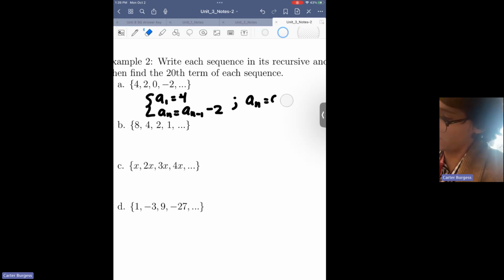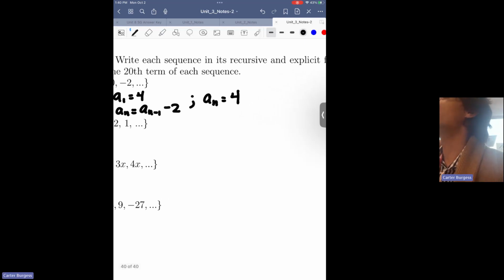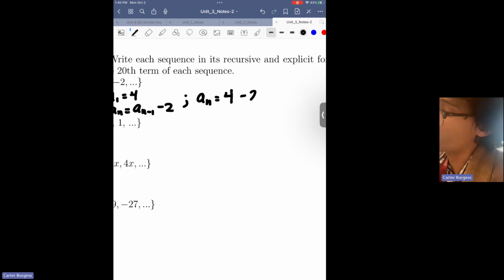Ultimately, when we're looking for a sub 20, that's what we're going to look at. But we're thinking starting at 4 still. What am I doing to 4? The way I'm going to write this is, I'm subtracting 2 from 4. And then how many times am I subtracting 2 from 4? It's going to be n minus 1 times.